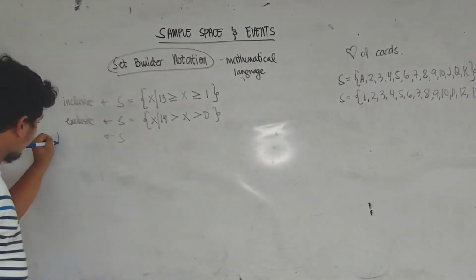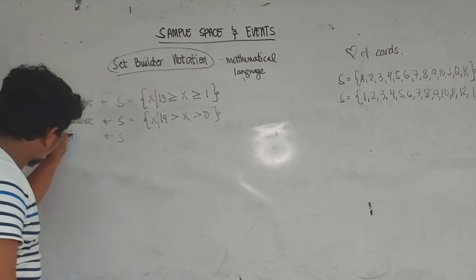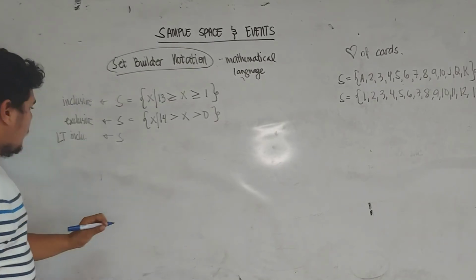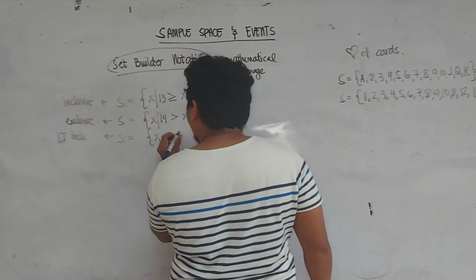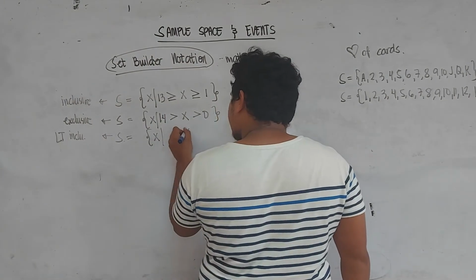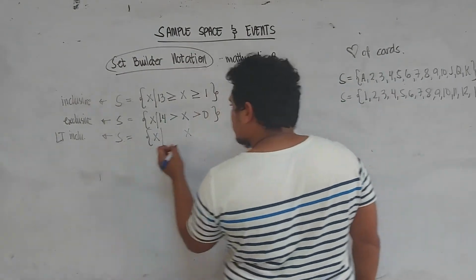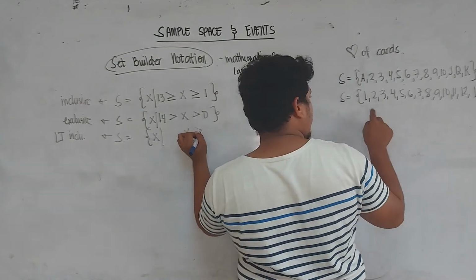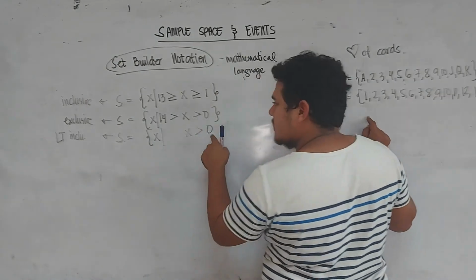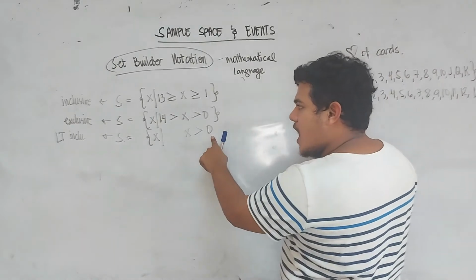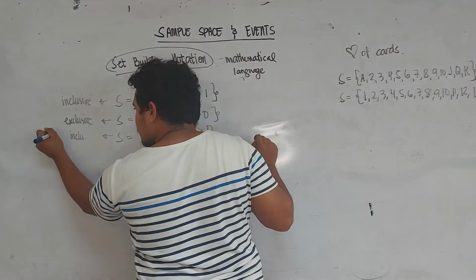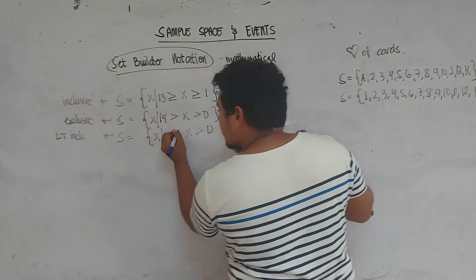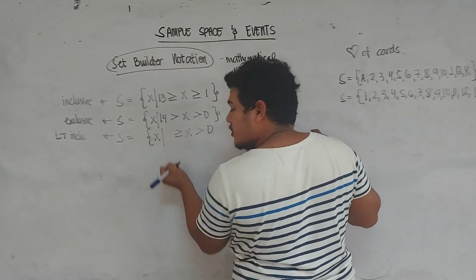Kung lesser than inclusive, LT inclusive, we could say S is equal to X such that X is lesser than, greater than 0. Kay ang gipangita lesser than inclusive, dapat lesser than or equal to.